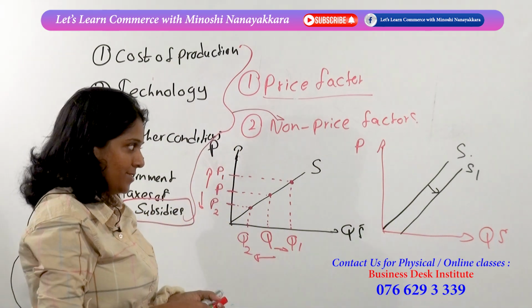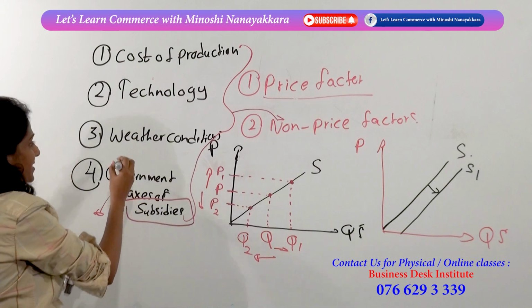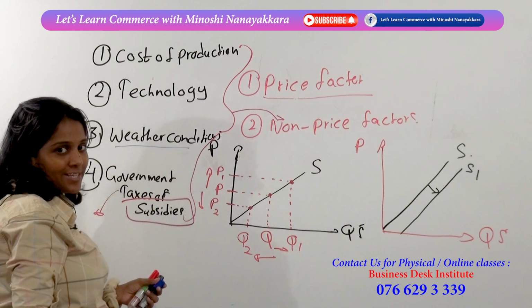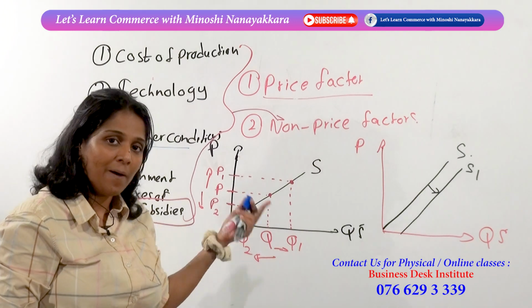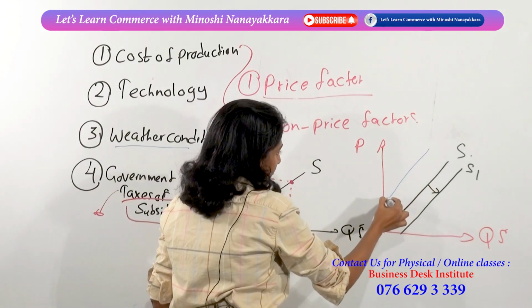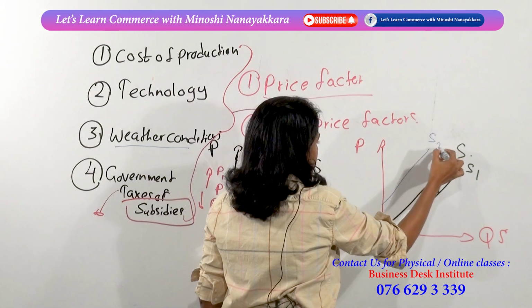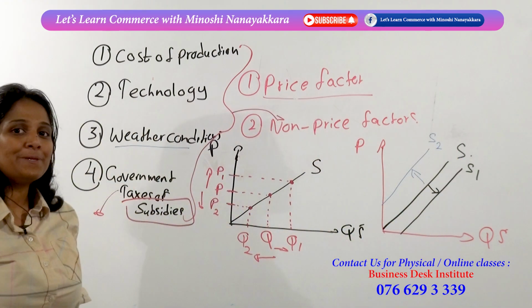Hope you understood, right? At the same time, say due to bad weather conditions, due to flood, it reduces the quantity supplied to the market. So this supply curve shifts to the left, and this is our new supply curve. It shifts to the left. So what is the summary of this?